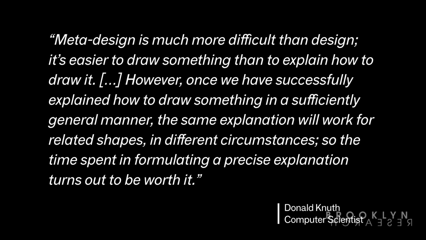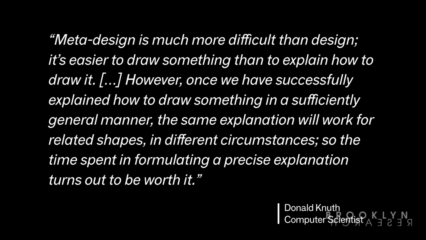However, once we have successfully explained how to draw something in a sufficiently general manner, the same explanation will work for related shapes in different circumstances. So the time spent in formulating a precise explanation turns out to be worth it. And I really like this idea, and I think that's something that frames our design practice too. This idea of designers transitioning from someone who just draws something to writing software or systems that then draw something for you. So a meta design practice.